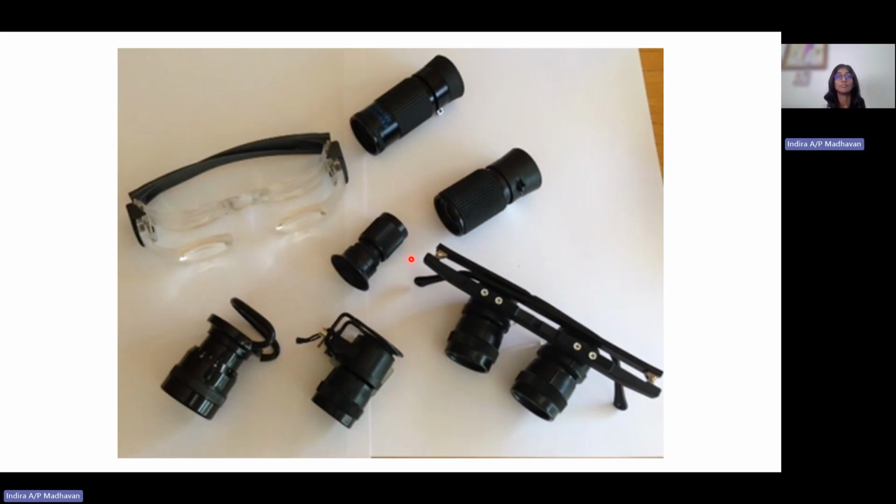Okay. So number three, how this telescope functions. When we use this telescope to look at something, it actually brings the image of the object closer and the image is in a bigger size. So that's how this telescope functions.